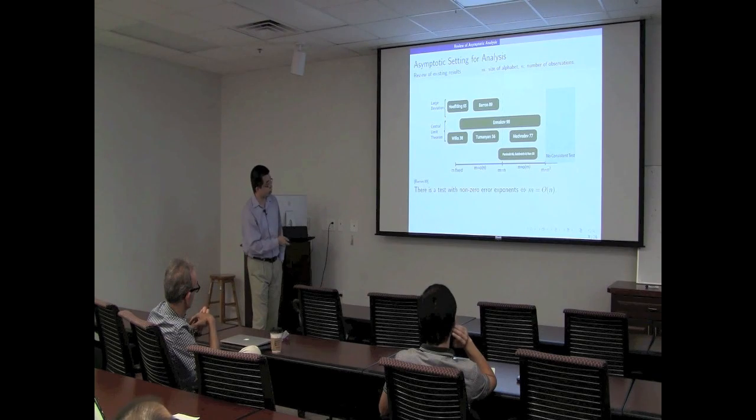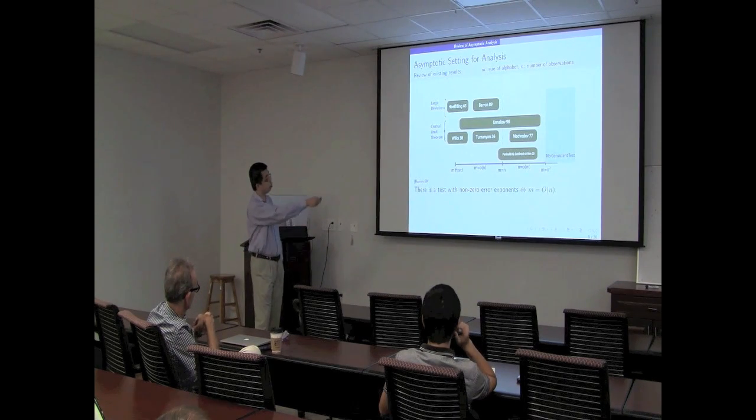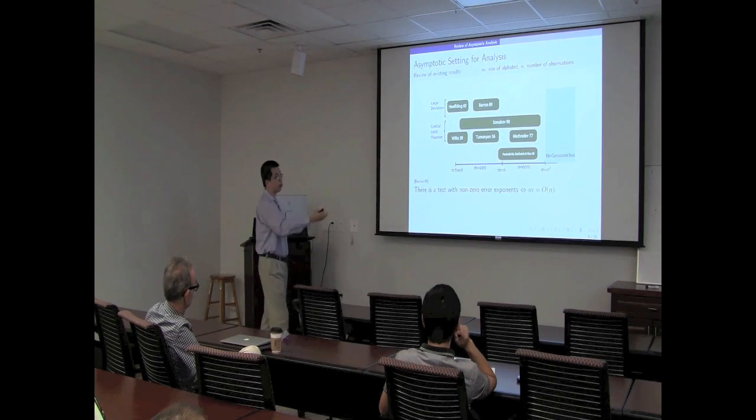And Barron showed that linear growth is critical in the sense that there's a test with non-zero exponent up to this point. So you can increase m simultaneously with the number of samples, as long as it doesn't grow faster than the number of samples, then you have a test that has non-zero exponent. But going beyond that, he shows that no test has non-zero exponent.